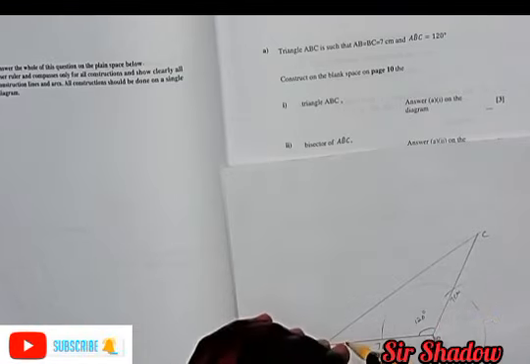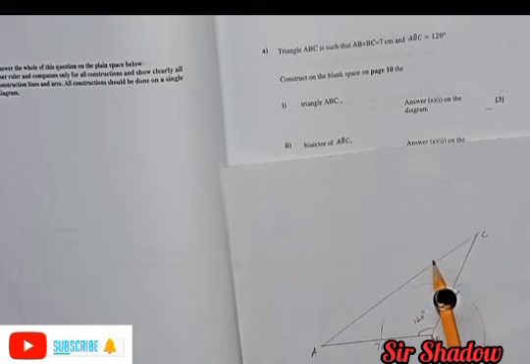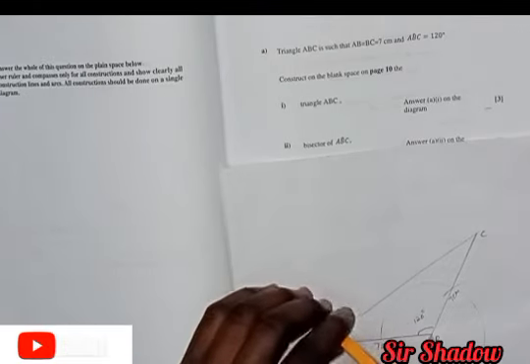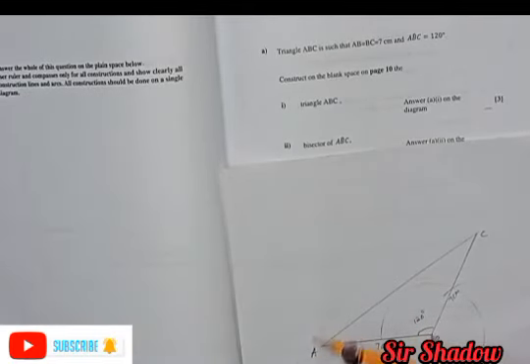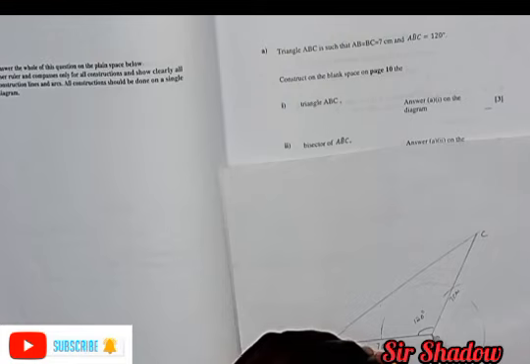You have to attach your compass at point B, then open at any radius. You can open this radius, but your radius should not be too long. It should not extend out of the paper, but it should be at minimum like this one.